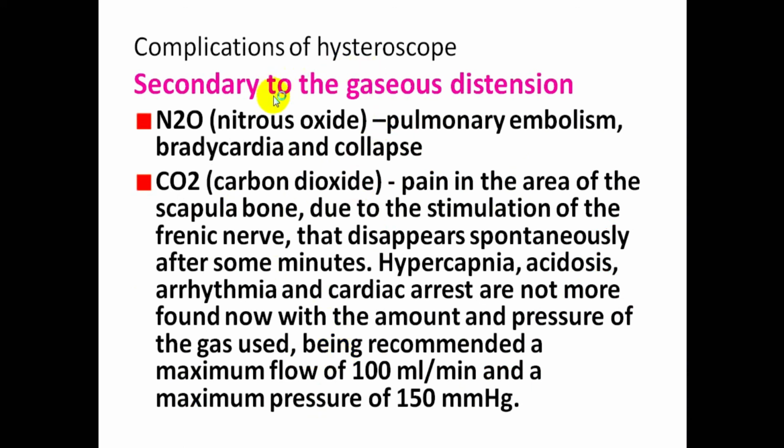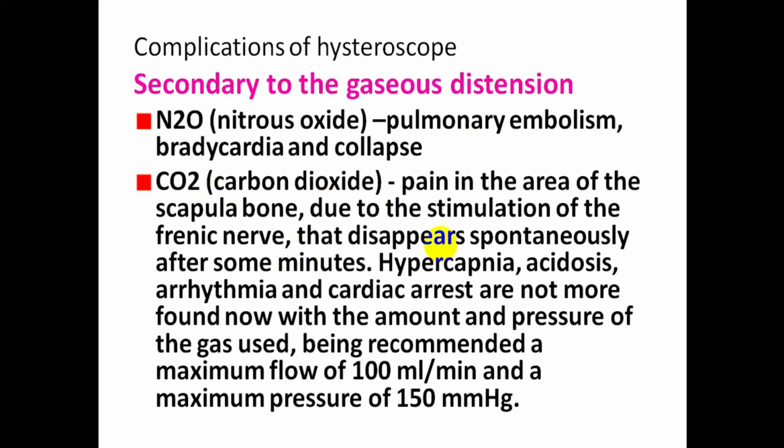Complications of hysteroscopy: either due to gaseous distension, nitrous oxide, pulmonary embolism, bradycardia and collapse, or carbon dioxide, pain in the area of the scapular bone due to stimulation of the phrenic nerve, which disappears spontaneously after some minutes.